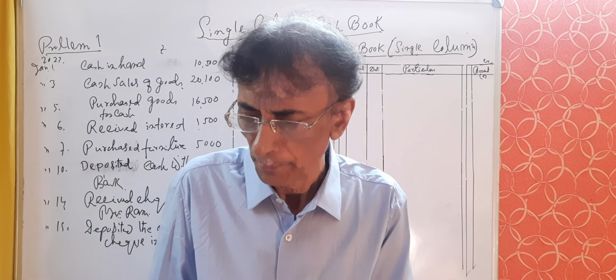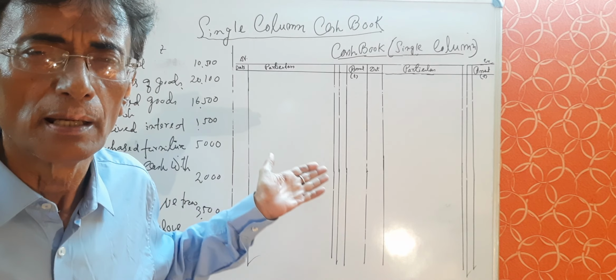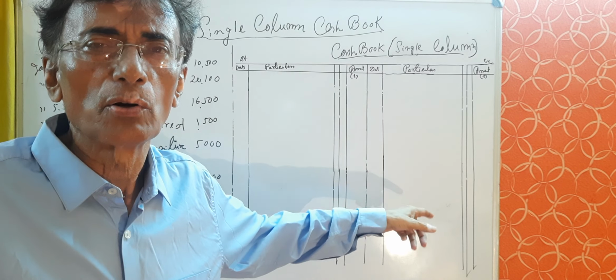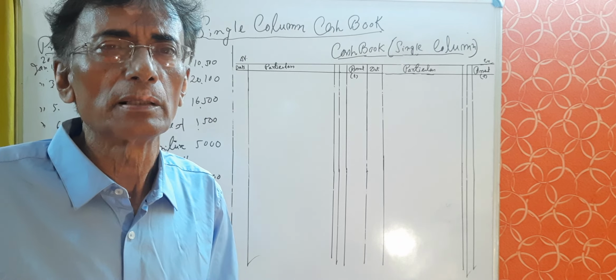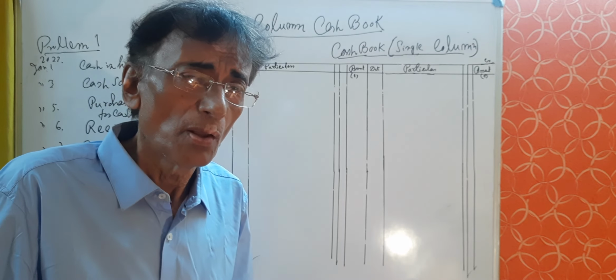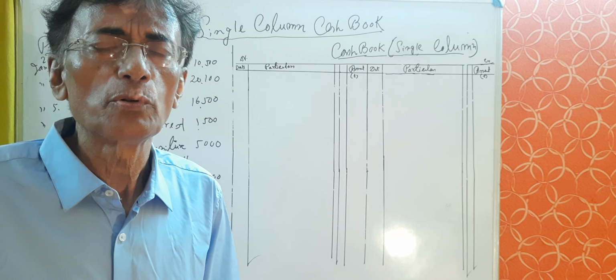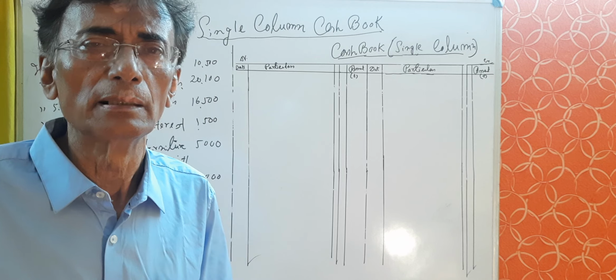Very simple. When cash comes in, we should record it on the debit side of the cash book, and when cash goes out, we should record it on the credit side of the cash book for the expenditure or payments for which it has been made. Another important thing, cash book, like other ledgers, is also balanced periodically.